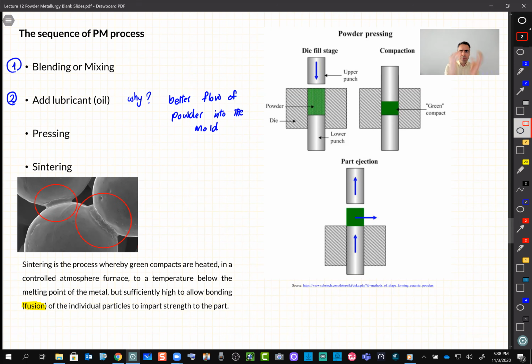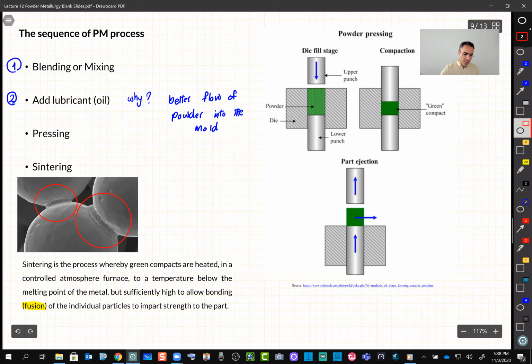Only, let's say, this sphere, this particle, the outer surface becomes melted, and when they solidify, they bond together. This picture shows the process, right? This green is the powder, and then we have the punch coming down, compressing it, and then we eject it. The part that we get is going to be very fragile.